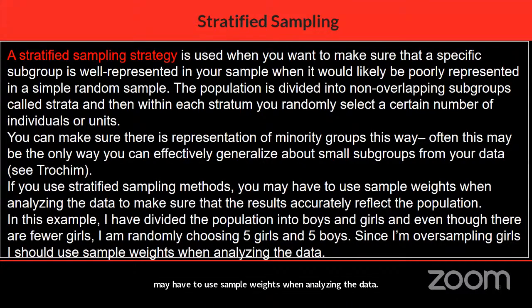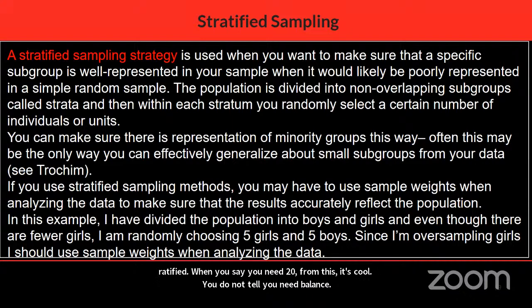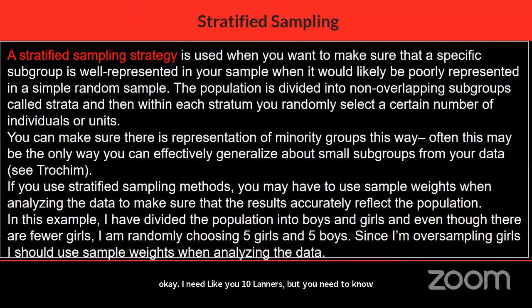Like there's a group, when you say you need all the students, there's a likelihood that you may find more boys. Are you getting me? You may find more boys than girls in a stratified sample. When you say you need 20 learners from this school, you do not say you need balance, so you may find more boys than girls. But if your target is 10 learners, you need to get 10 boys and 10 girls, because the number of girls might be low in that school.